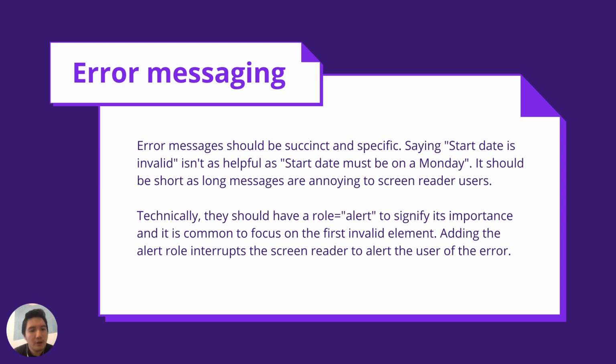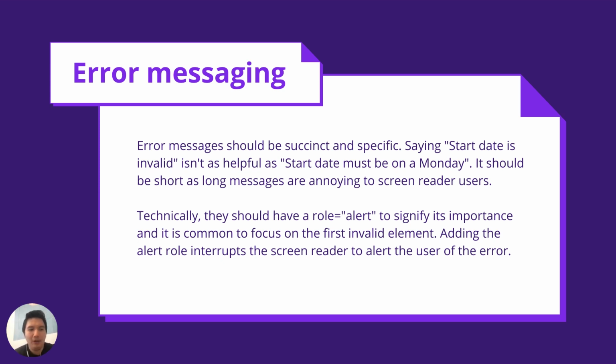So I've touched a lot on error messaging. I just want to explain a little bit more about the understandability here. Error messages should be succinct and specific. Saying start date is invalid isn't as helpful as saying start date must be on a Monday. It should be short, as long messages are annoying and fairly hard to follow for screen reader users.